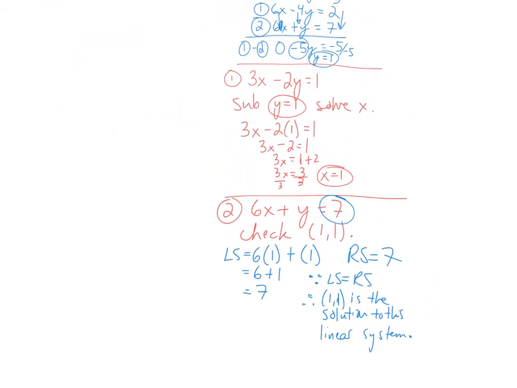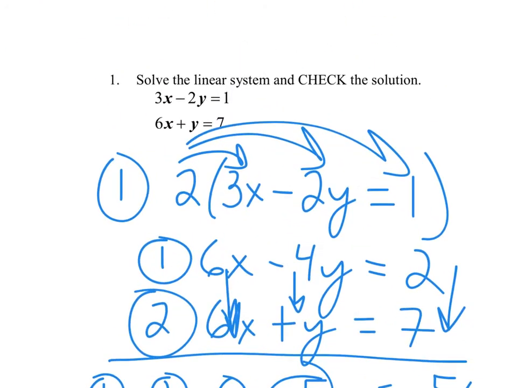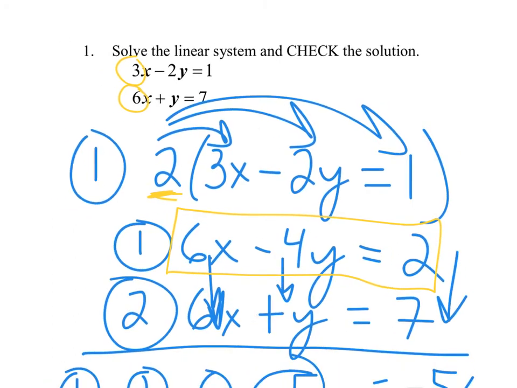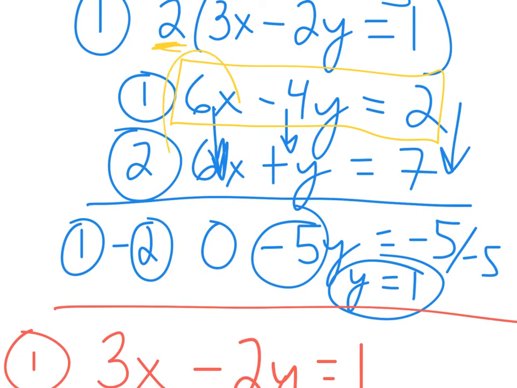We started off with two equations. We recognized that in the first equation the x coefficient is 3, and in the second equation the x coefficient is 6. By multiplying by 2, we were able to manipulate the first equation and determine an equivalent equation with a coefficient of 6, which allowed the x terms to eliminate when we subtracted the two equations, thus allowing us to solve for y.